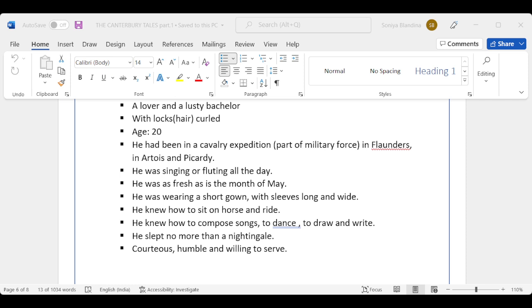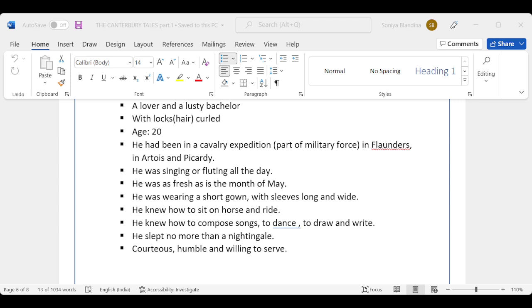Next, he knew how to sit on a horse and ride, so he can ride the horse well. Not only that, he can compose songs, he can dance, draw, and write. And he slept no more than a nightingale.